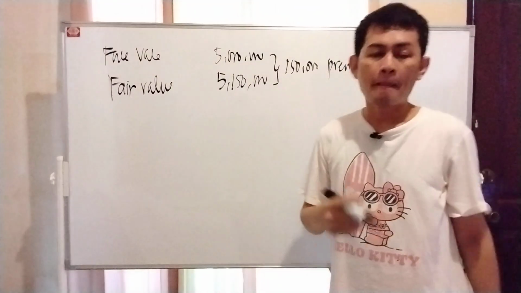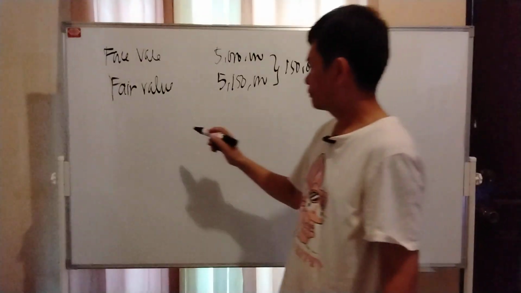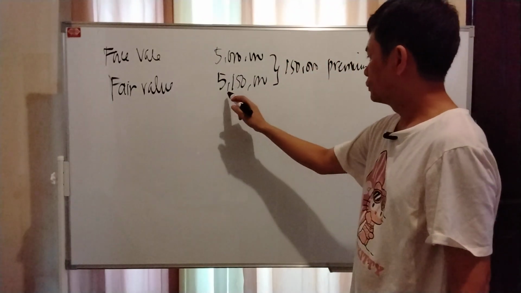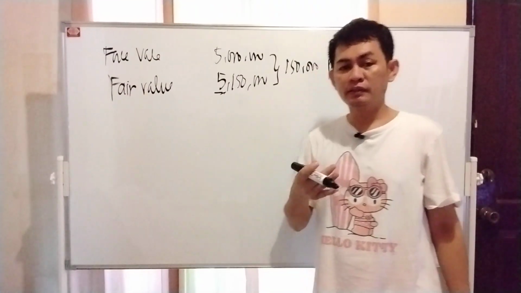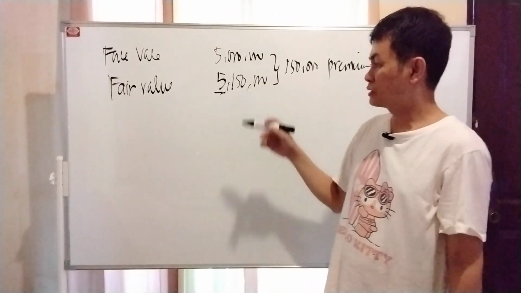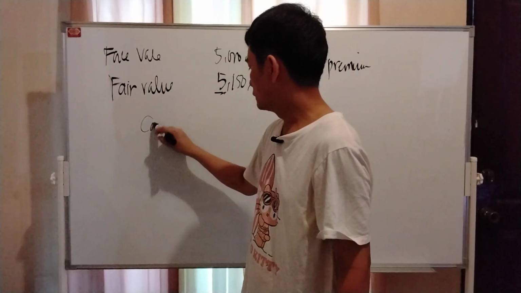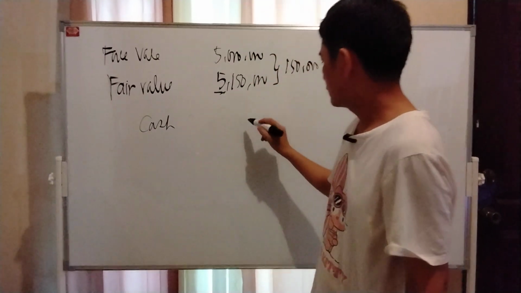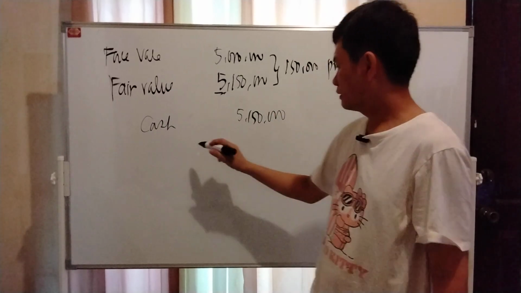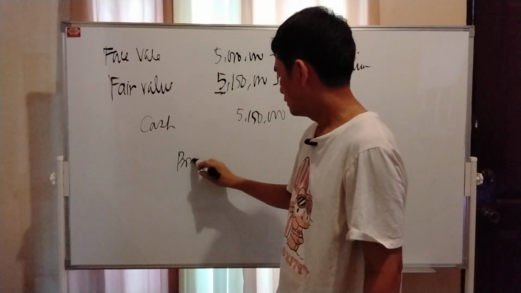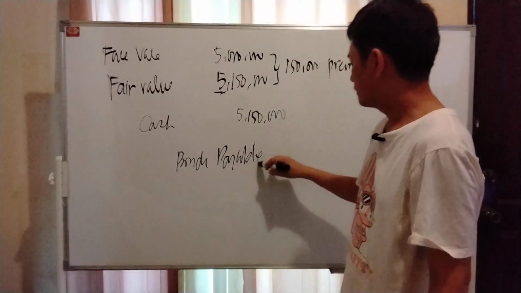Okay. On the accounting side, if we are going to journalize this one, this is the amount that will be received by the issuer, or the entity that is borrowing the money, raising 5.15 million. In other words, it has to debit cash of 5,150,000 and credit bonds payable amounting to how much?